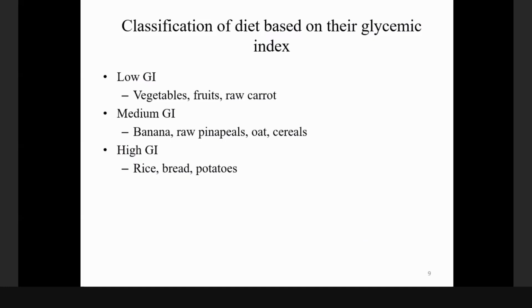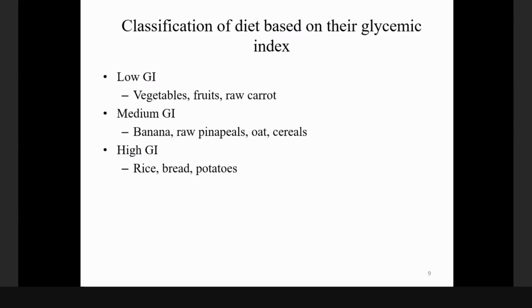So a patient with diabetes mellitus is recommended to choose a diet with low glycemic index, like the vegetables, the fruits, raw carrots. Otherwise, you can have food with medium glycemic index, like the banana, or raw pineapples, oats, the cereals, and so on.